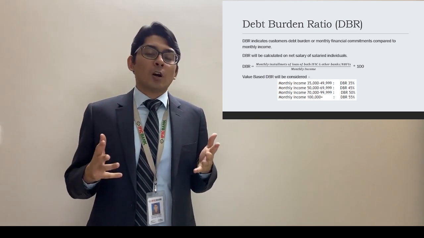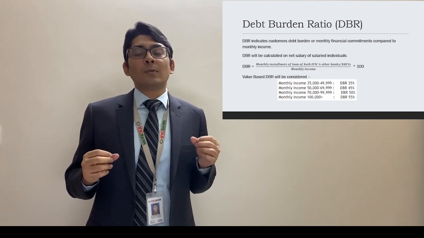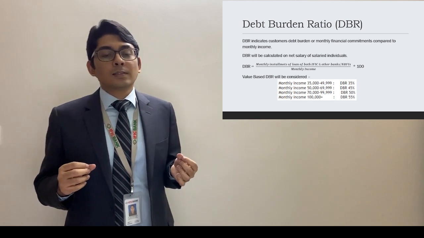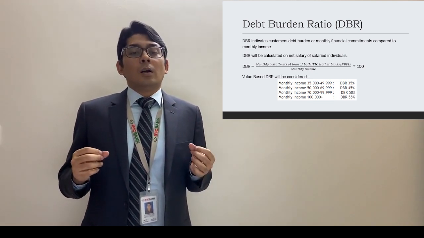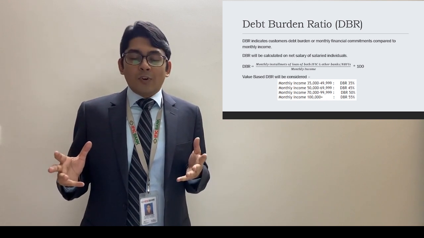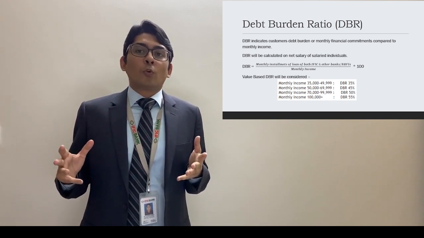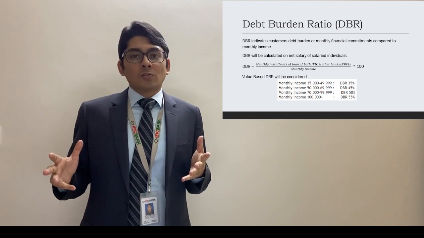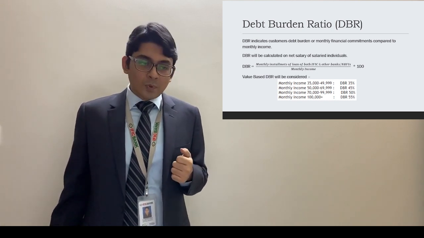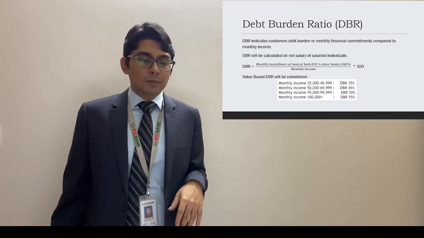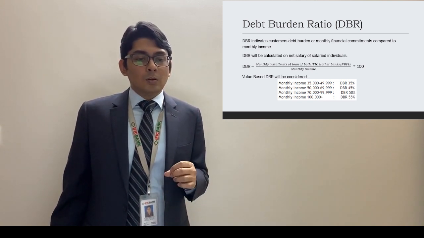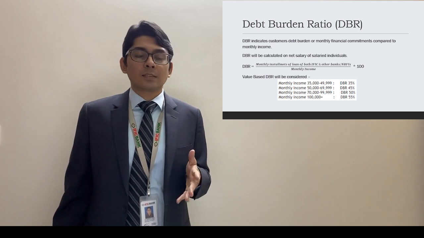Next, we are going to talk about a ratio that is called debt burden ratio. It is a very important ratio in terms of our providing loans to potential borrowers of Amar Bari. So debt burden ratio, in short form DBR. So what does DBR tell us?